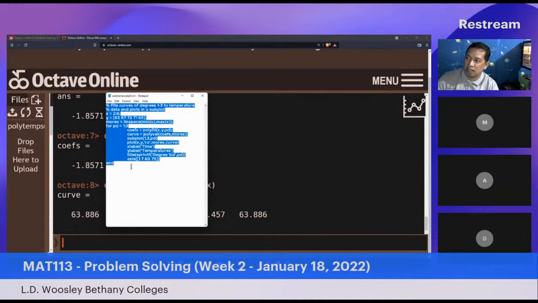So pwede nating i-edit siya. So halimbawa yung polytemp. So this is an external command that we could create through MATLAB or Octave environment. So the script called polytemp creates an xy vector, fits the second order polynomial through these points, and plots both the points and the curves at the same figure. Calling this result in plot could be seen on 15.3.